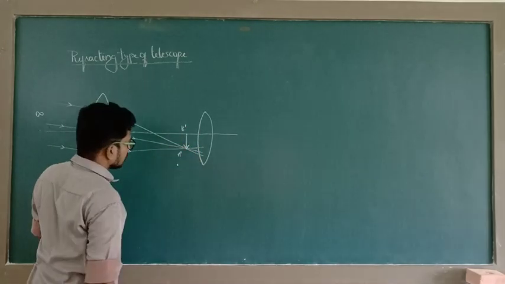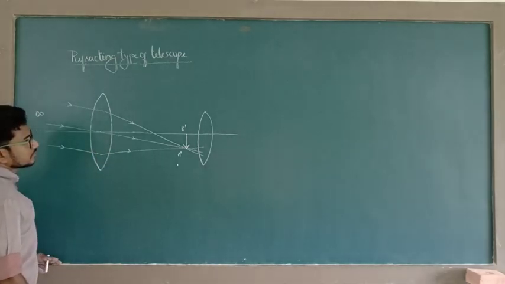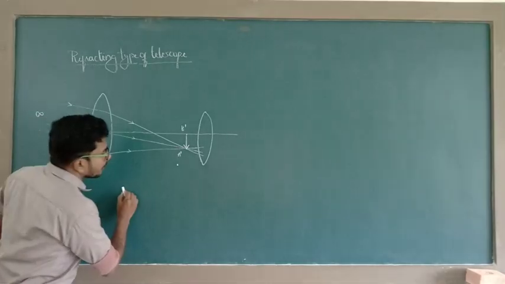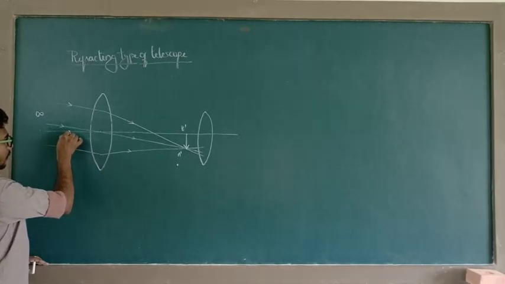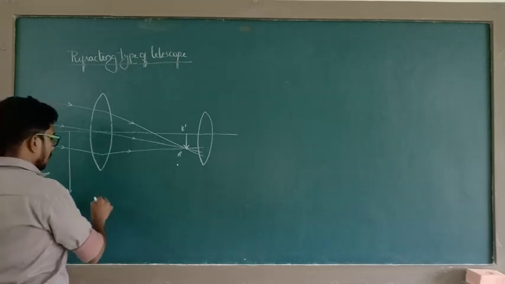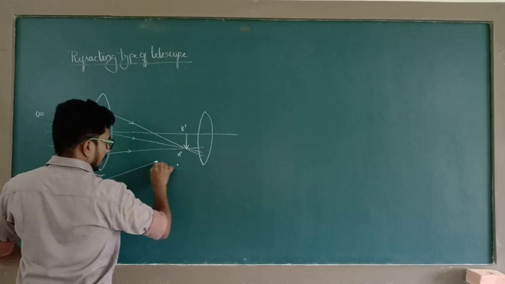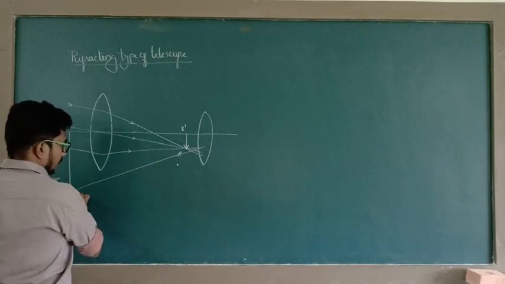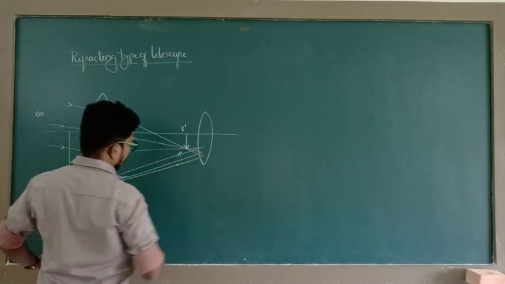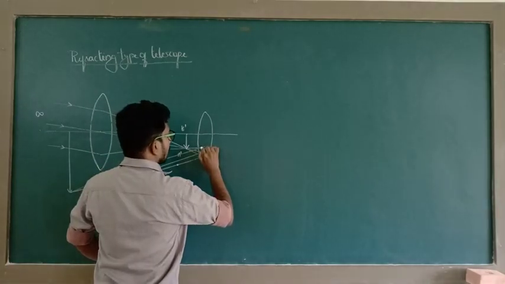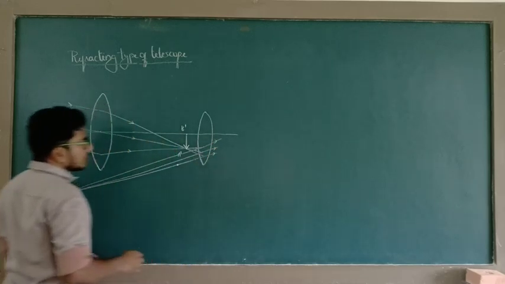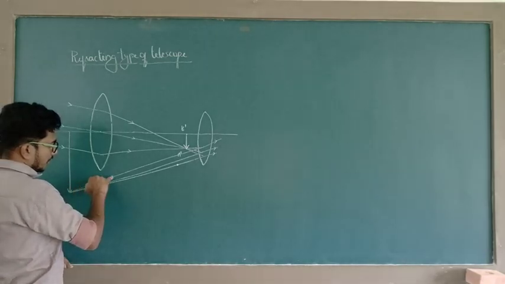B dash. So here we will get a divergent beam of light.